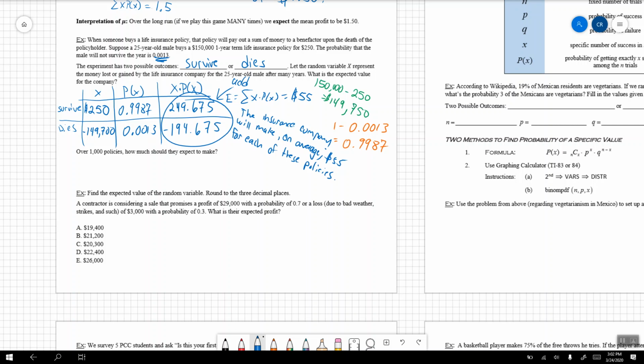Again, this is on average. As long as they keep selling these insurance policies, they're going to be making $55 for each individual policy. So again, they stand to make the profit.